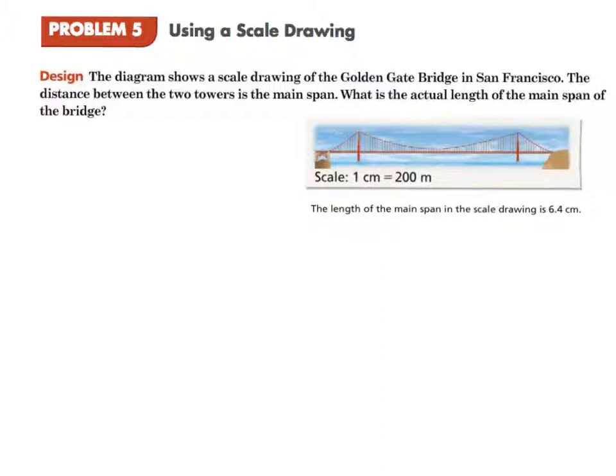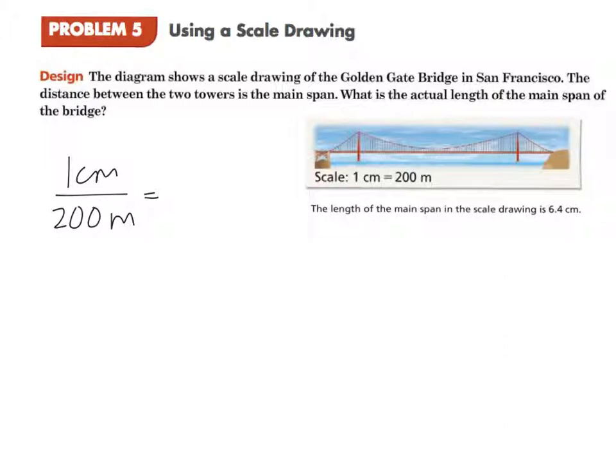So what we're going to do is take a look and figure out. It says here the length of the main span is 6.4 centimeters. We want to figure out how far that actually is. I have 1 centimeter is to 200 meters. And I know that my scale here between the two towers is 6.4 centimeters.